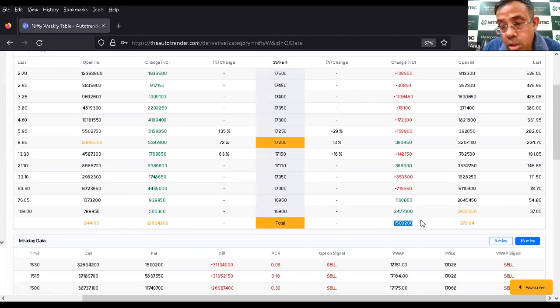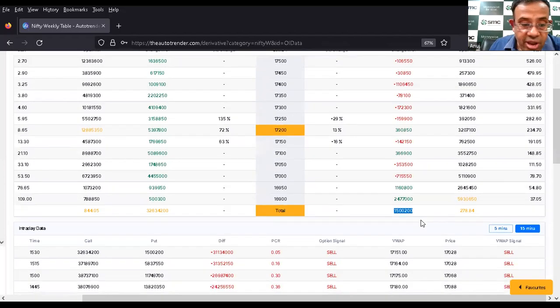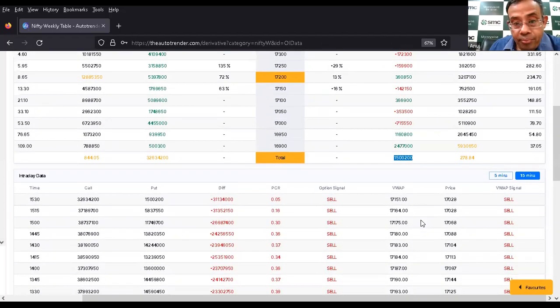And put writers on a cumulative basis is what? It's hardly 15 lakhs 200. So there is a huge difference between what call writers are doing and what put writers are doing. For the sake of understanding, or for your own benefit, we have given you intraday data.